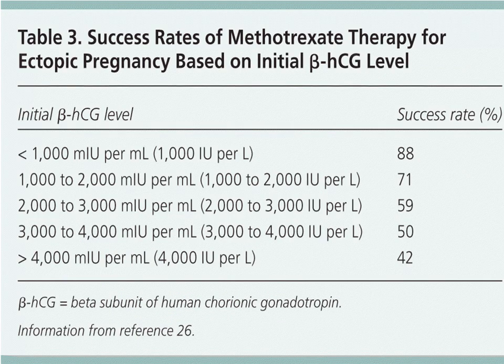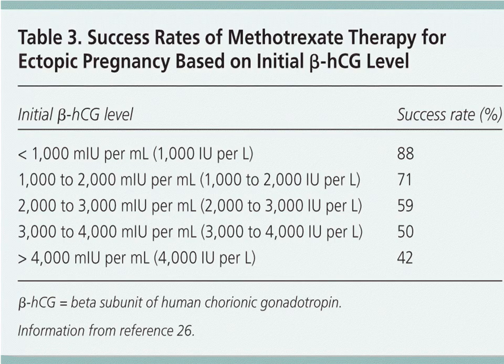But mind you that the success rate of methotrexate depends on the initial beta-HCG level. If the initial beta-HCG level is lower than 1000 unit per liter, the success rate may reach up to 90% of cases. But if the beta-HCG is more than 4000 unit per liter, the success rate is only 42%.